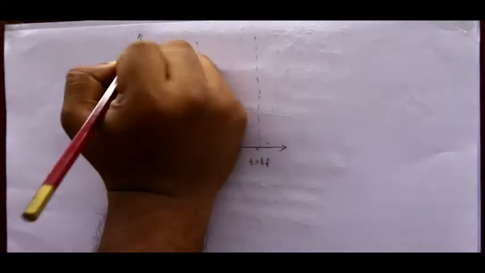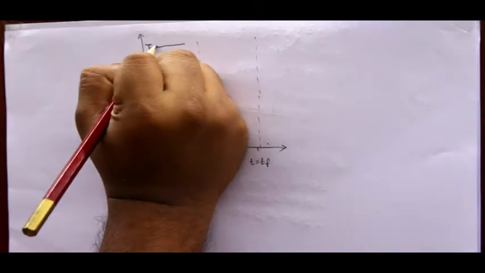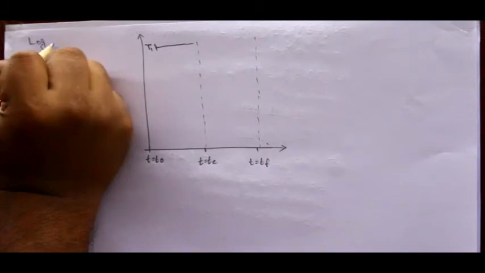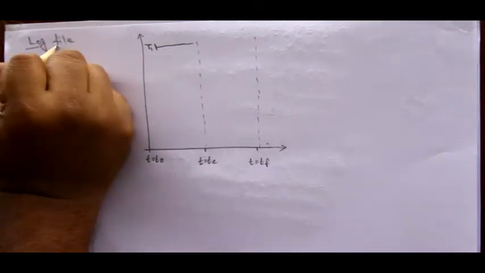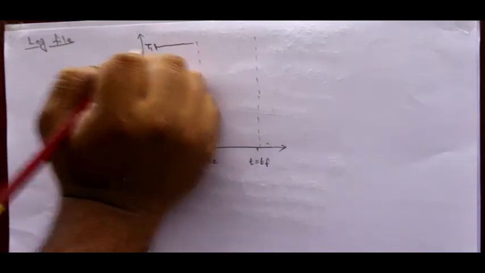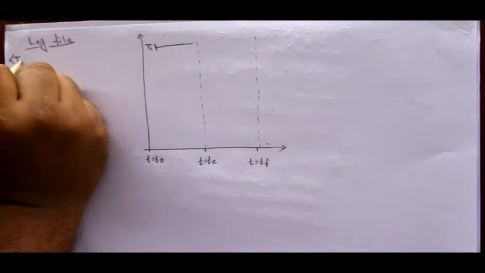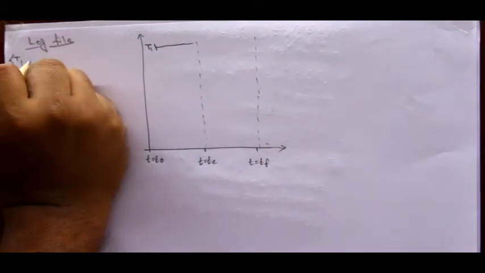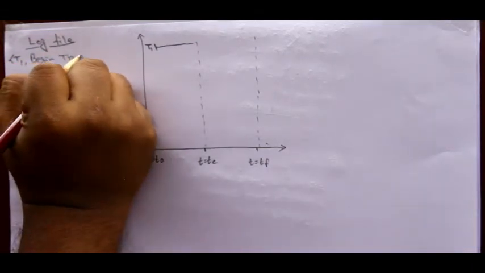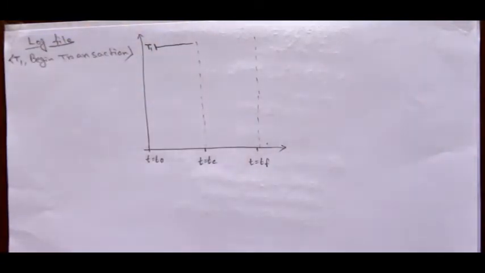Suppose initially transaction T1 starts its journey. So we have to initiate the log file entry, and as transaction T1 starts its journey, we have to enter the details, that is, transaction T1 begin transaction.